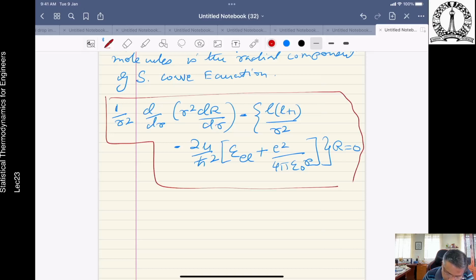This expression you can also find if you revisit the previous chapter. Let's quickly copy this for you.